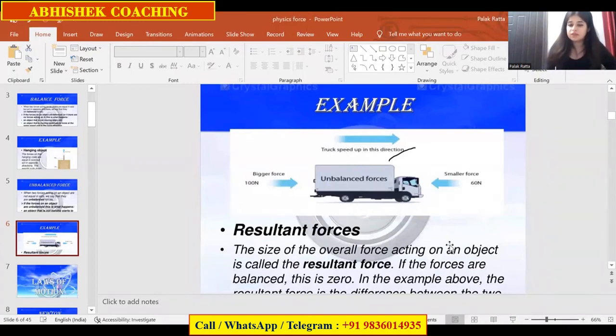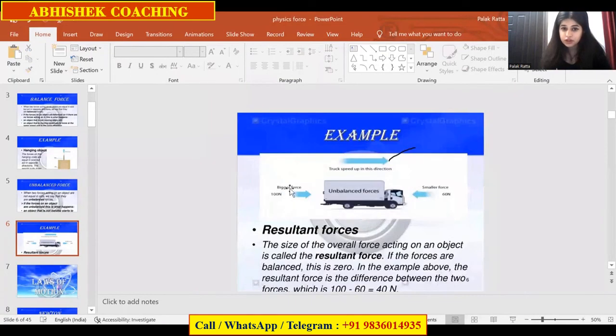The bigger force is 100 Newton, where N is the unit of force, and the smaller force is 60 Newton. 60 cancels out 60, leaving 40 N. So the resultant force is 40 N. With this force, the truck is able to move in this direction.